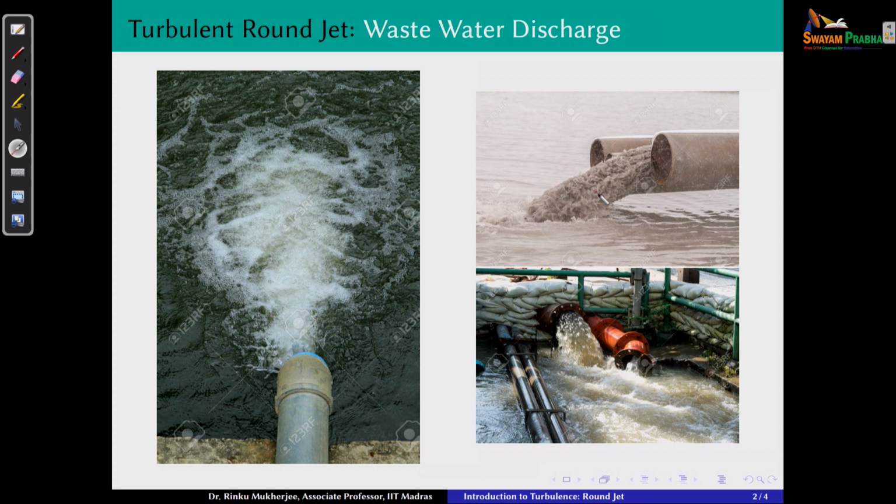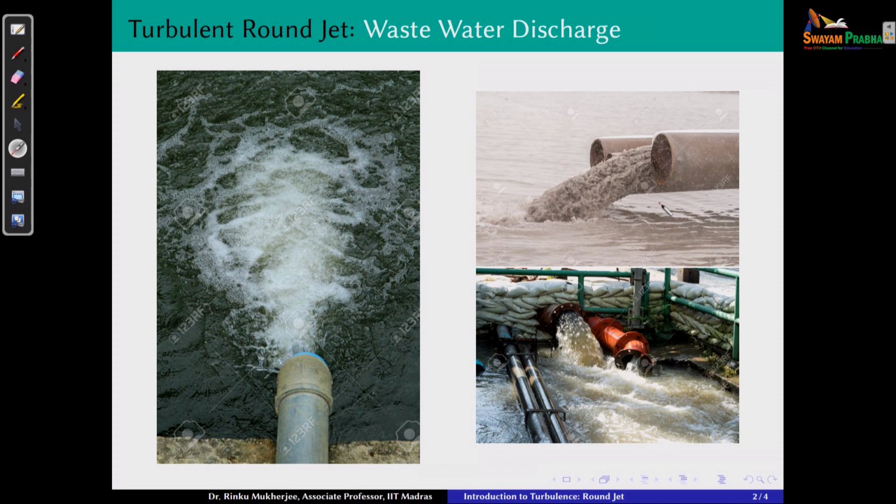It is a jet because it is coming out through an orifice, and the diameter changes very drastically. It comes out from a small orifice into a region where there is no boundary at all. That is going to cause a jet, and that is what this jet is all about. So, this is one of the practical examples of where you can find a turbulent round jet.